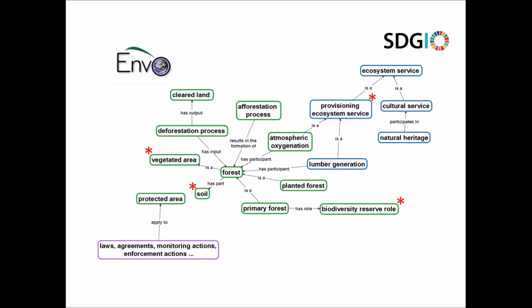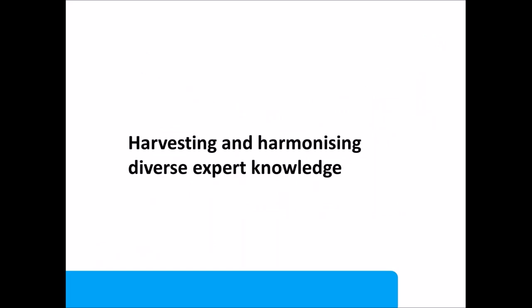And as we start to weave together the SDGIO with ENVO and socioeconomic ontologies that are dealing with laws, agreements, monitoring actions, legal ontologies, as those emerge, and we're trying to nurture those, we can start to make that knowledge graph denser, allowing this information or any information linked to those nodes to be discovered in new, more flexible ways. And this also allows new communities to interface with the same data and knowledge structures, which I think is very true to the Eye on Earth mission.